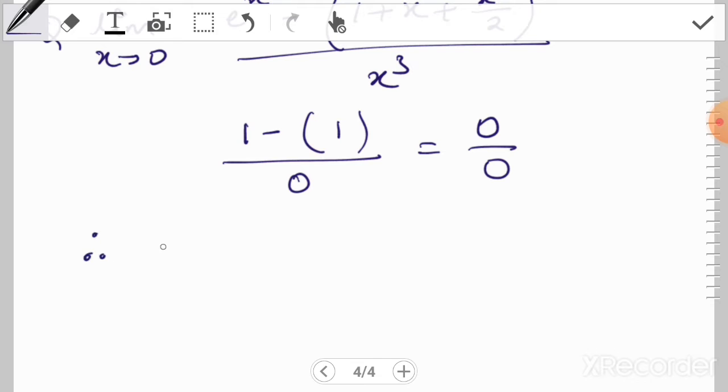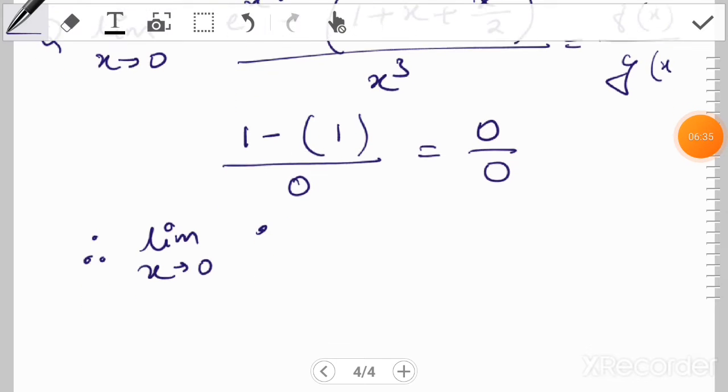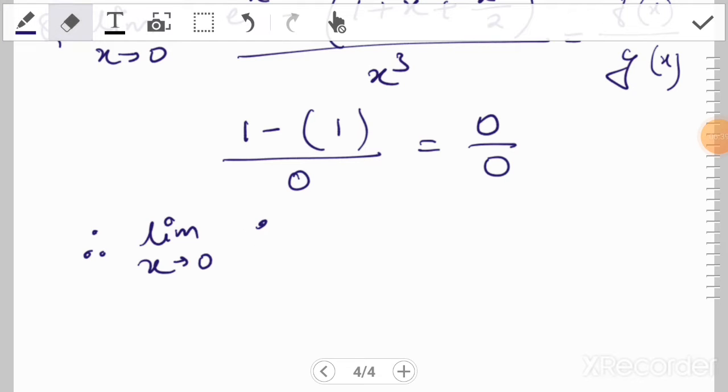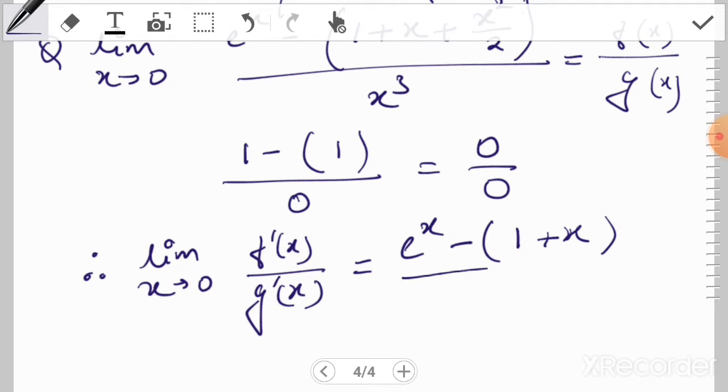limit x tends to 0, after differentiating, if this is f(x) by g(x), we need to find f'(x) by g'(x), which is equal to, differentiating this, e to the power x minus (0 plus 1 plus 2x by 2, that is x), so e^x minus 1 minus x, and differentiating x cube, this is 3x squared.